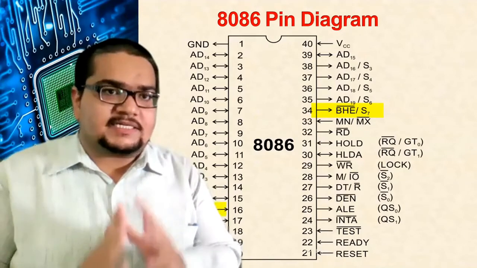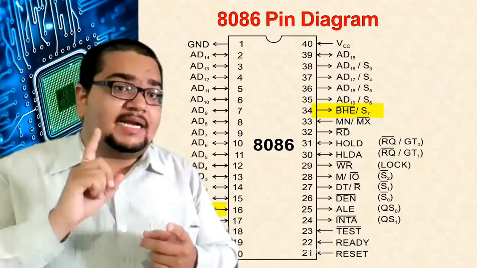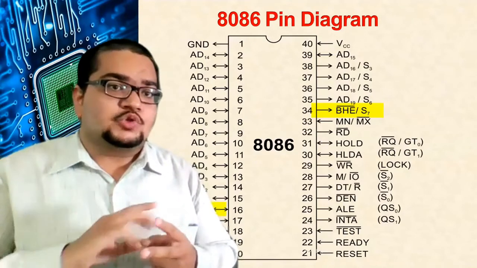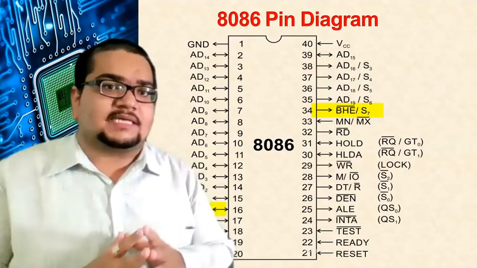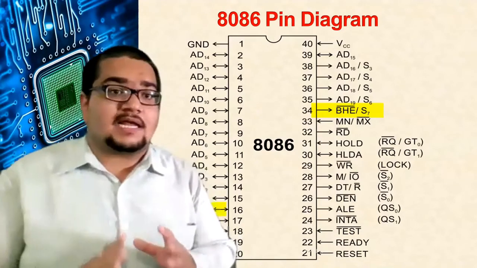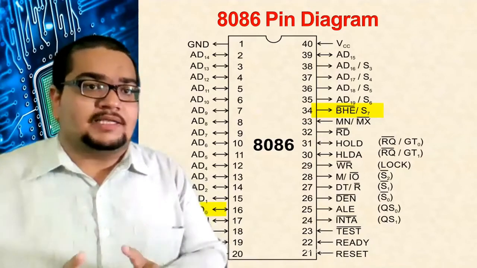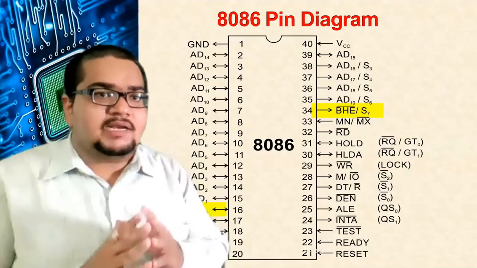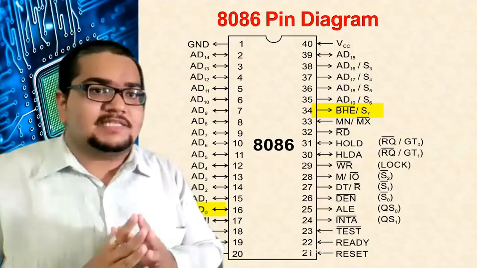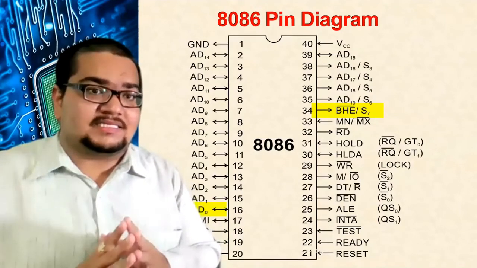These are 16 lines, from AD0 up till AD15, starting with 0 and ending with 15, a total of 16 lines. These 16 lines are bidirectional address slash data lines. That means on a time multiplexed basis, at one instance of time they work as address lines, and at another instance of time they work as data lines.